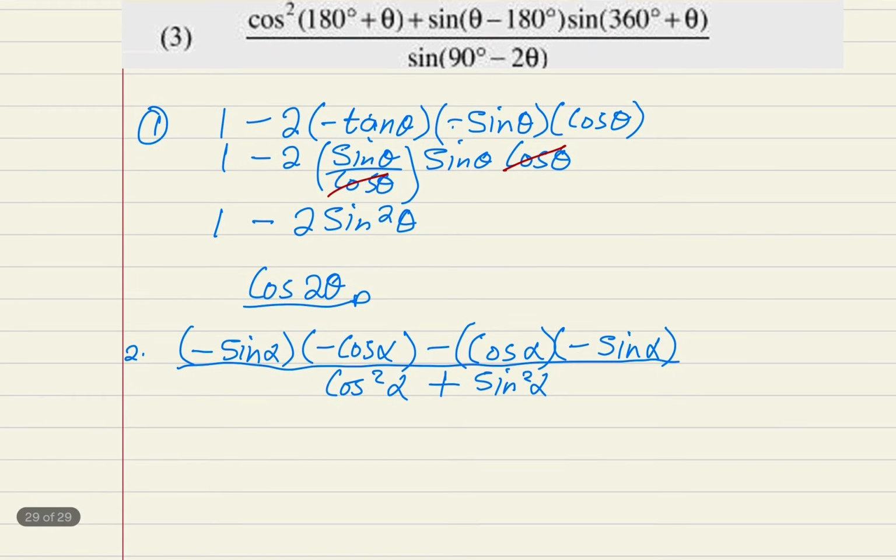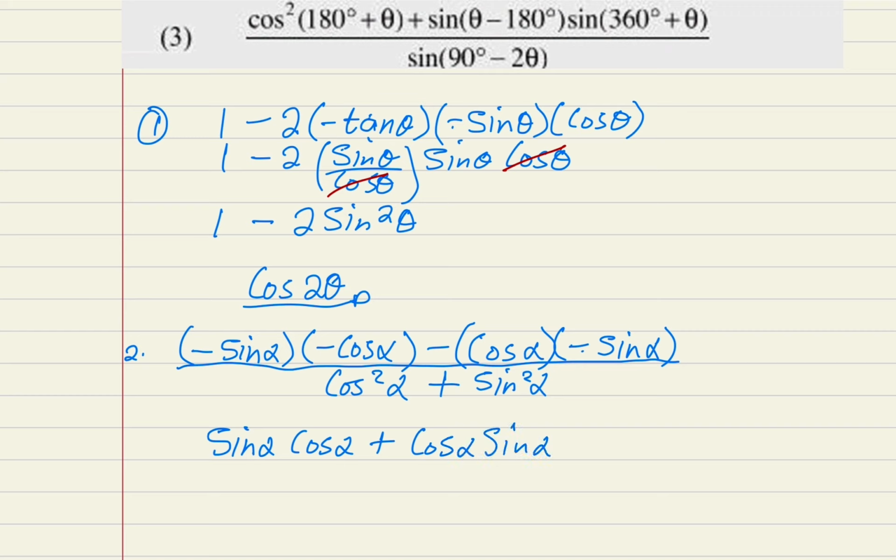Okay. Now from here, what do I do then? Negative times negative is positive, so I'll have sine alpha cos alpha. Then negative times negative, it's positive, so cos alpha sine alpha.